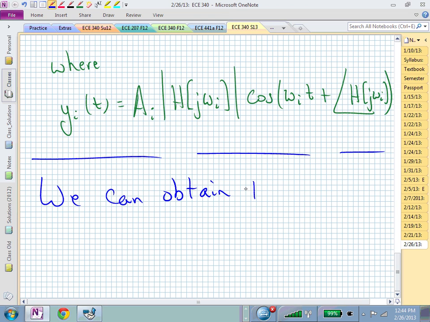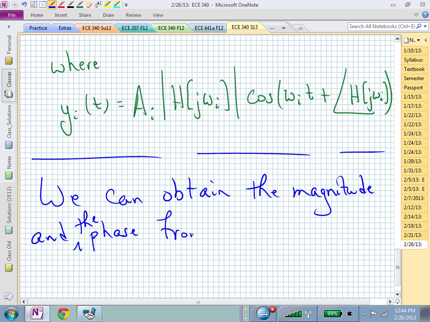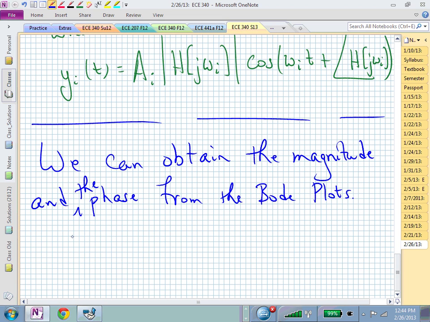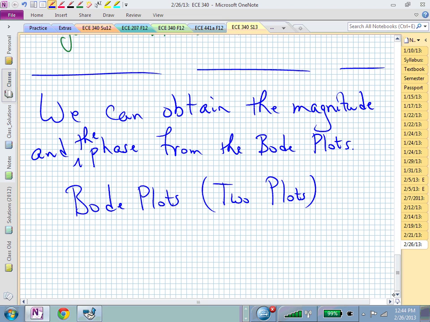We can obtain the magnitude and the phase from these Bode plots. And it's plural because the Bode plots generically are two plots.